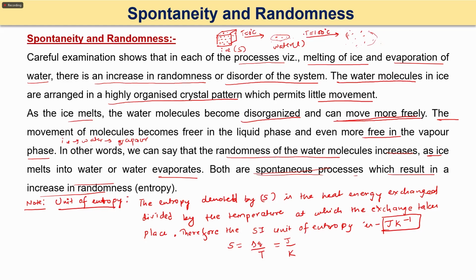So here the randomness is increasing. Randomness is increasing, which means, entropy means what? Randomness. So that means your entropy is increasing.